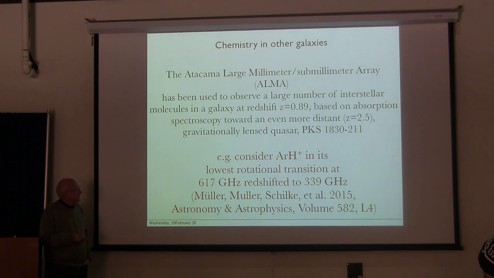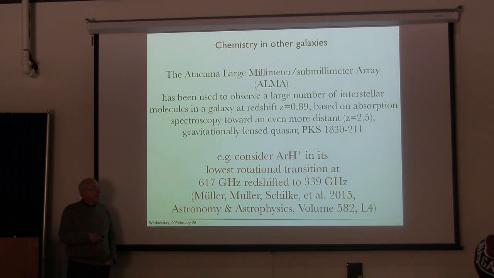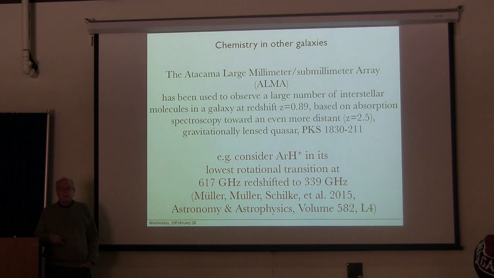At this point, I think we have a list. It's been growing so rapidly that I don't remember exactly, but approximately 40 of the well-known interstellar molecules have been identified by millimeter wave absorption spectroscopy in this region.